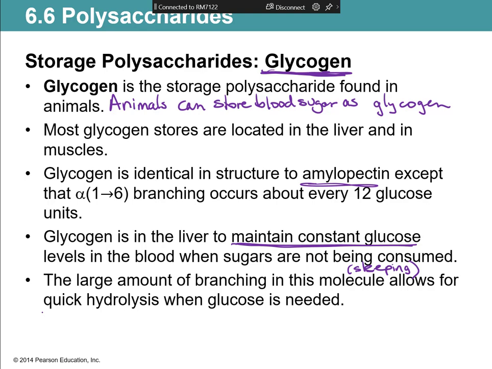That way, if they're out running, they don't have time to eat because they're exercising for 3-4 hours in a game or in some kind of competition. They may burn a lot of their blood sugar. So their blood sugar, instead of going down, can actually access glucose from glycogen. So I just think of it as kind of a storage form, a way that animals can maintain blood sugar during times that they're not eating.